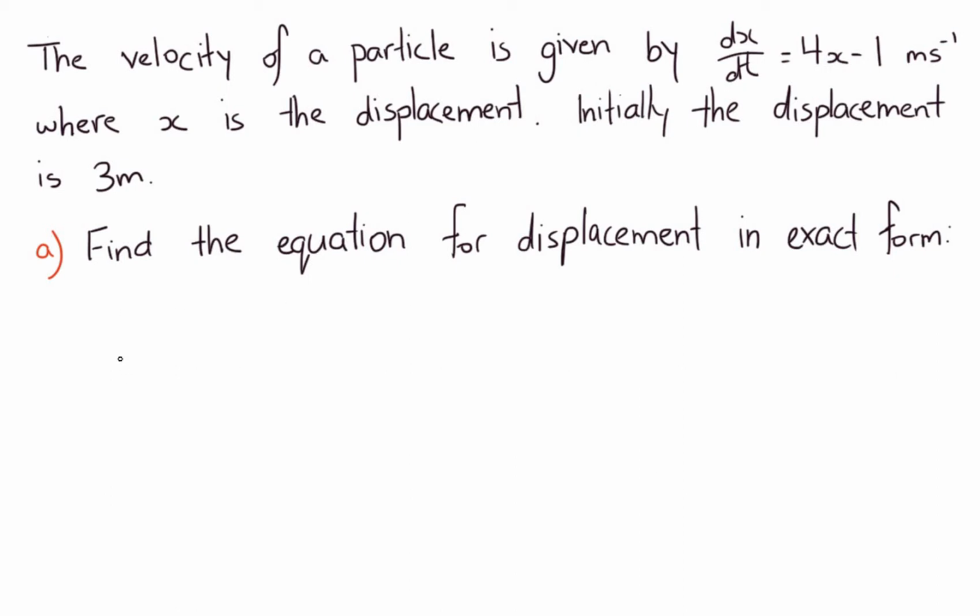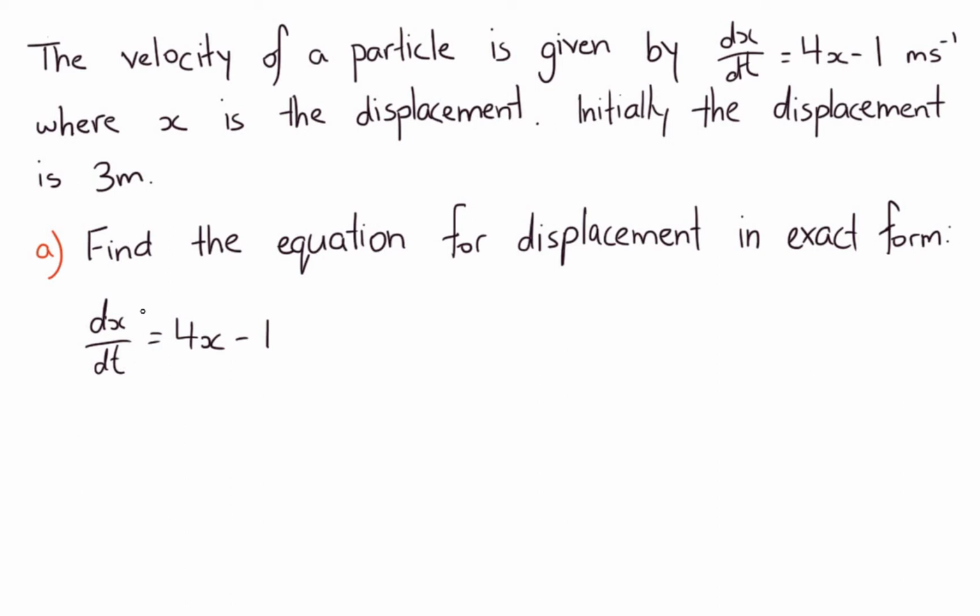So we'll start off by writing our equation, dx/dt, so that's just velocity, the change in displacement with respect to time, equals 4x minus 1. Now if the velocity was given in terms of time, we would just be able to go straight ahead and integrate. However, it's in terms of x, displacement.